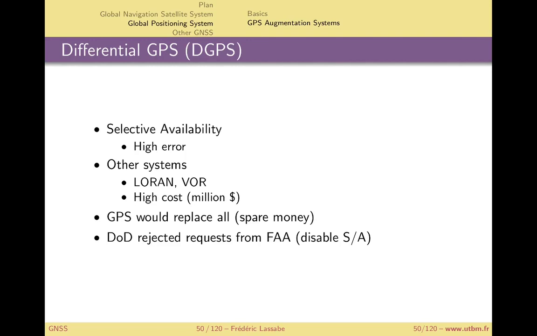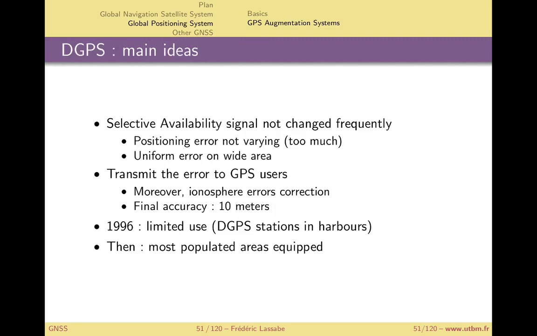But this request was rejected by the DoD. So that's why the FAA thought about this and had the idea to cope with the selective availability with an additional data that would fix and correct the errors from the selective availability.